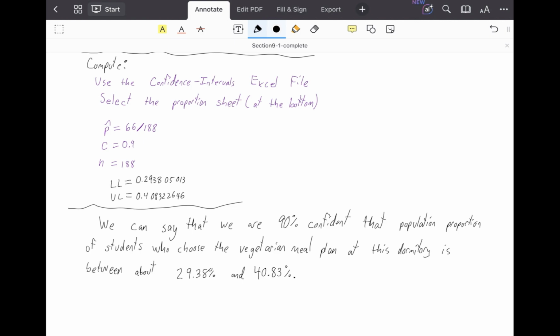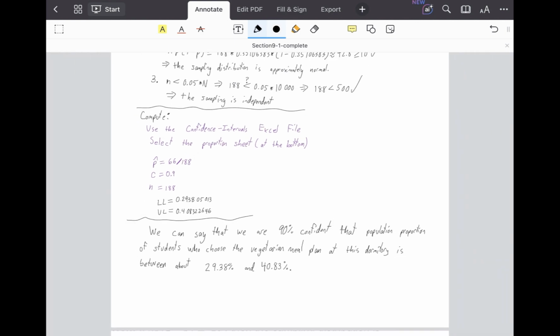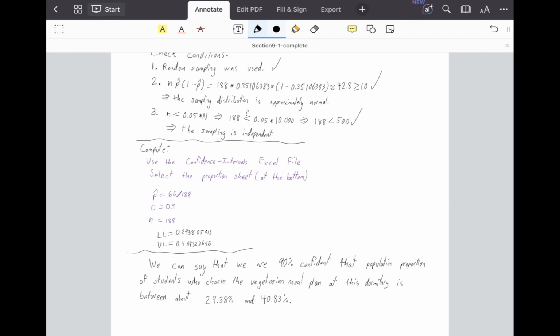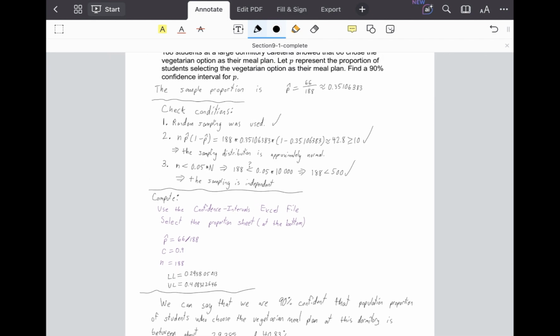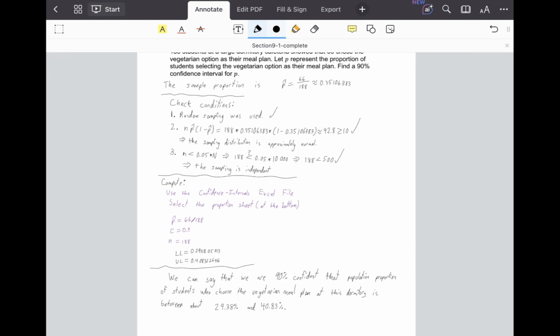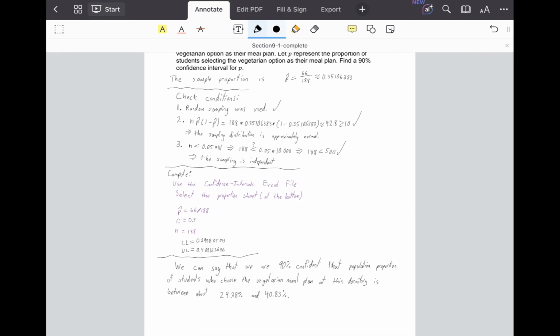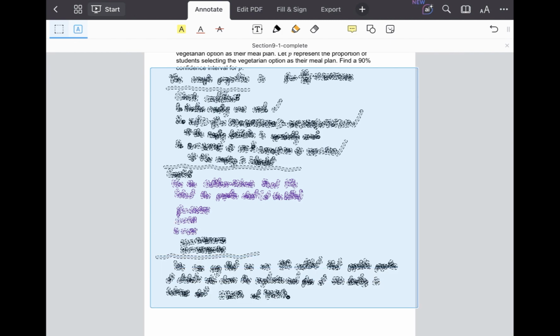So it gives you a range of values that we think the actual population proportion is at. So it's not as exact as the estimate. It gives kind of a range of possible values that we feel fairly confident about saying our population proportion is within.